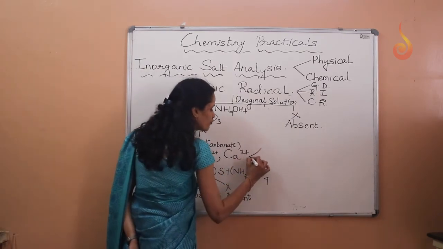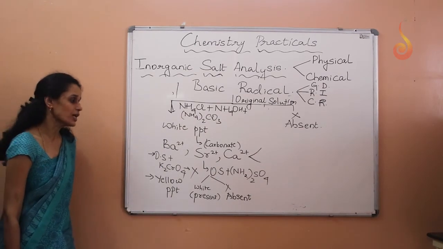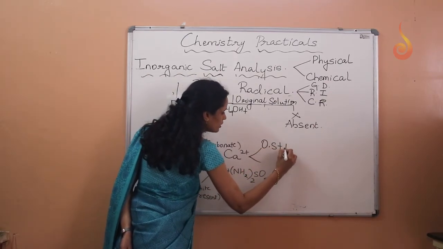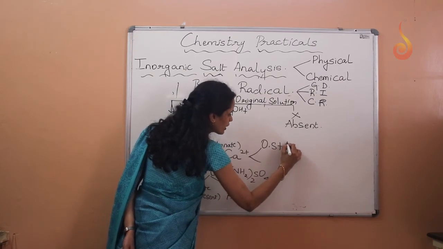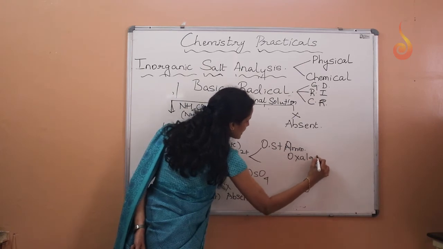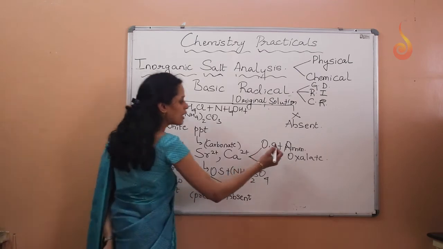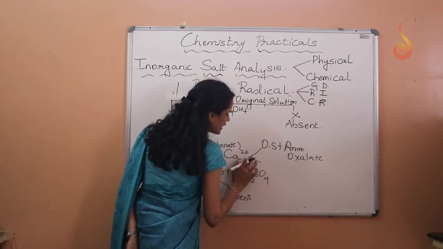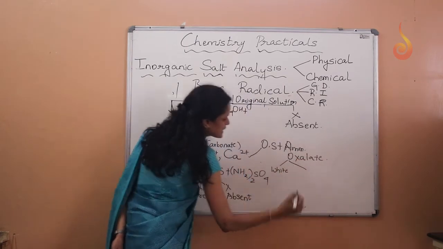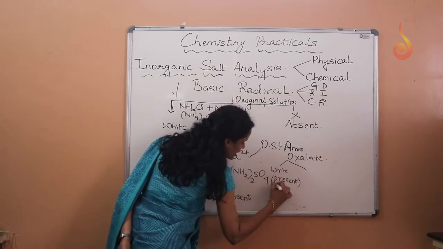So finally, we'll check whether calcium ion is present or not in the salt. For that, we'll take the original solution in a test tube. Then to that, we will add ammonium oxalate solution. After adding ammonium oxalate solution, suppose we observe a white color precipitate, then we say that calcium ion is present.